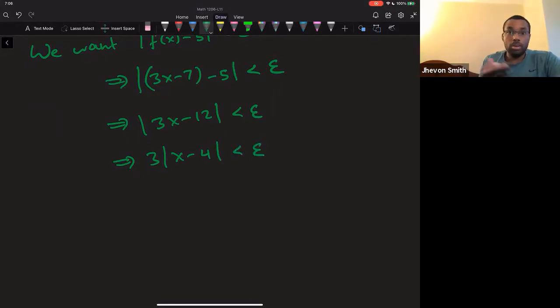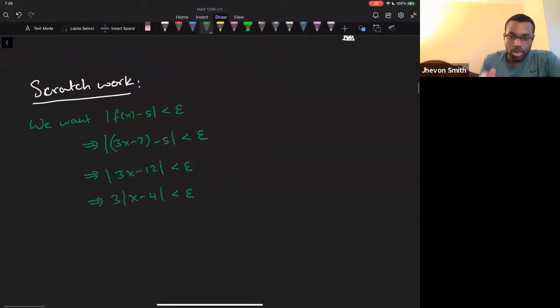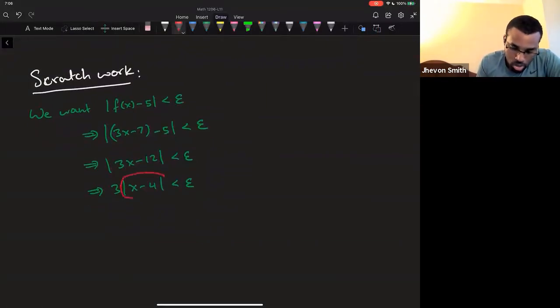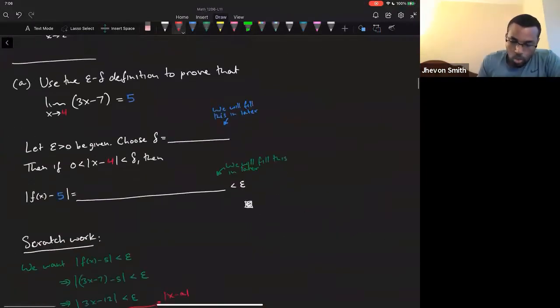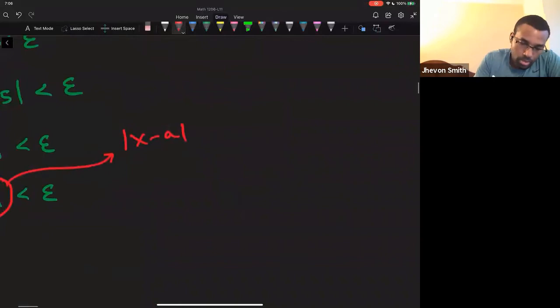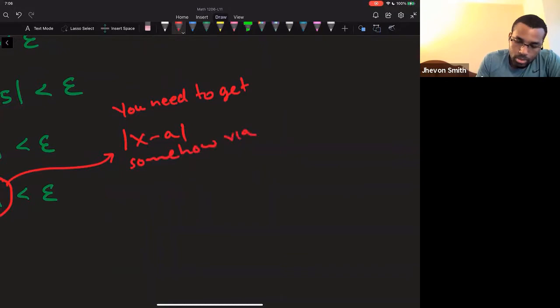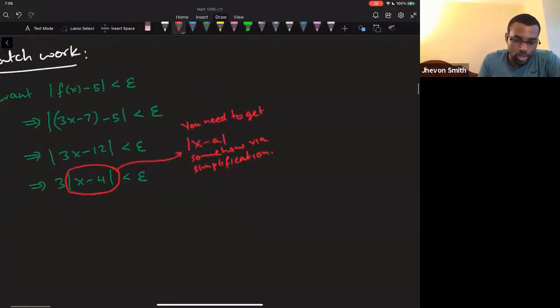Okay. Now, this is the point. This is very important. It's what you want to get. Notice here the x minus 4. That is like the x minus a from up here. You want to get that, because that's going to tell you how to choose your delta.